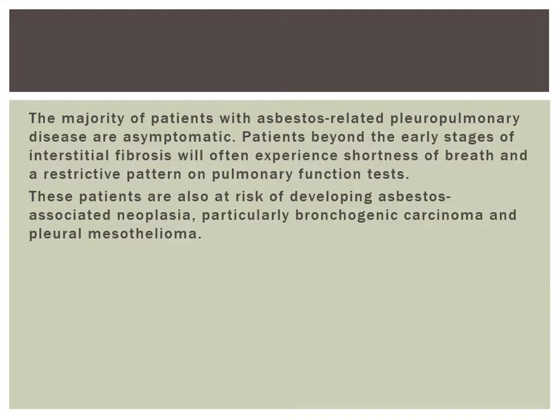Patients beyond the early stage of interstitial fibrosis will often experience shortness of breath and a restrictive pattern on pulmonary function tests. These patients are also at risk of developing asbestos-associated neoplasia, particularly bronchogenic carcinoma and pleural mesothelioma.